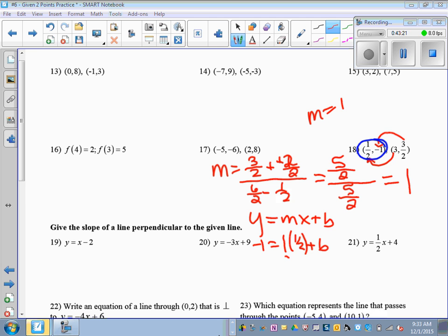So I subtract 1 half from both sides. Negative 1 minus 1 half would be negative 1 1/2, or if you use your calculator to get this into a fraction, we would have negative 3 halves. This is my b value. So b is negative 3 halves. So my equation is y equals 1x minus 3 halves.